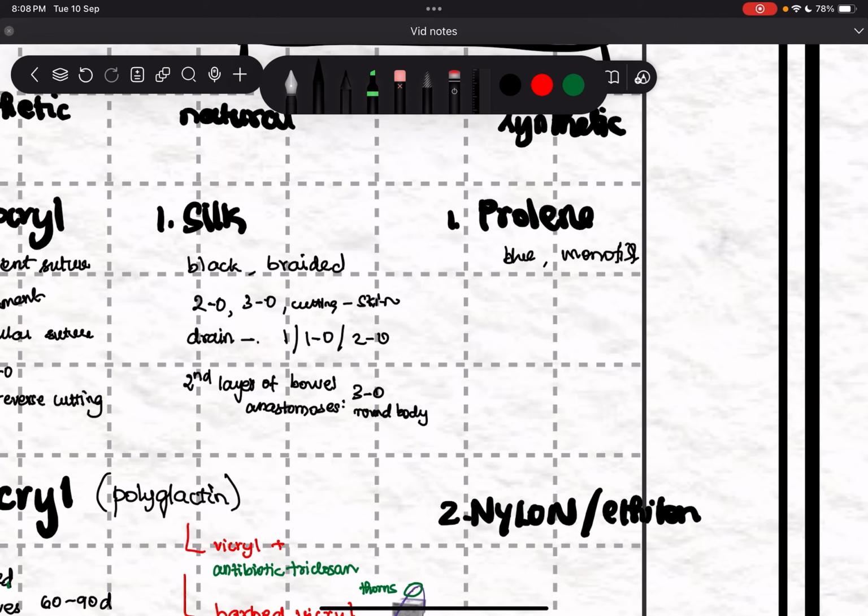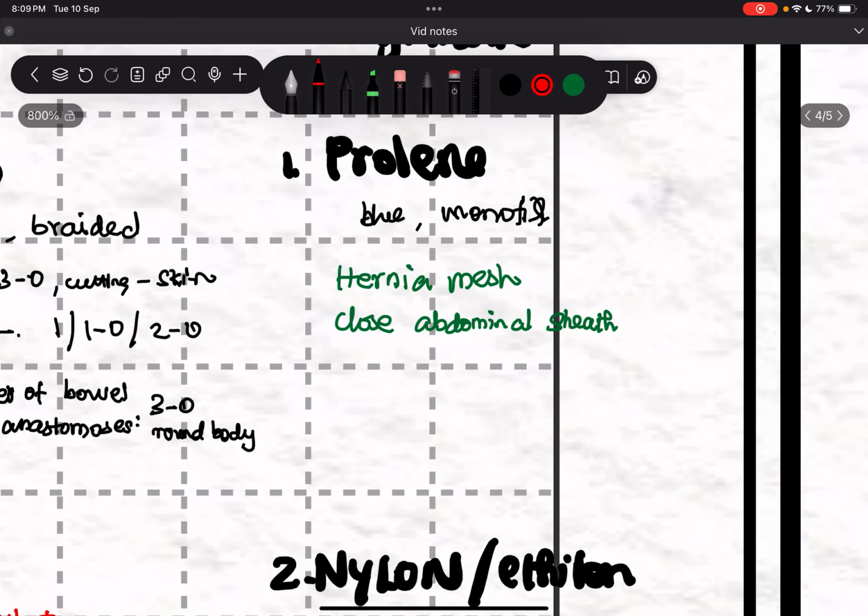The main use of proline is as hernia mesh, and it is used to close the abdominal sheath, using a rule called Jenkins rule of mass closure, which states that the length of the suture must be 4 times or more than the length of the wound.